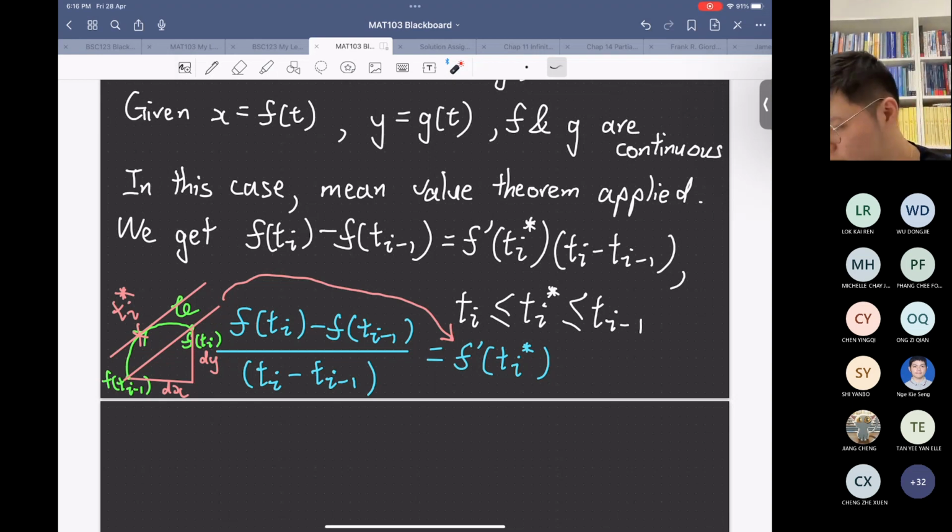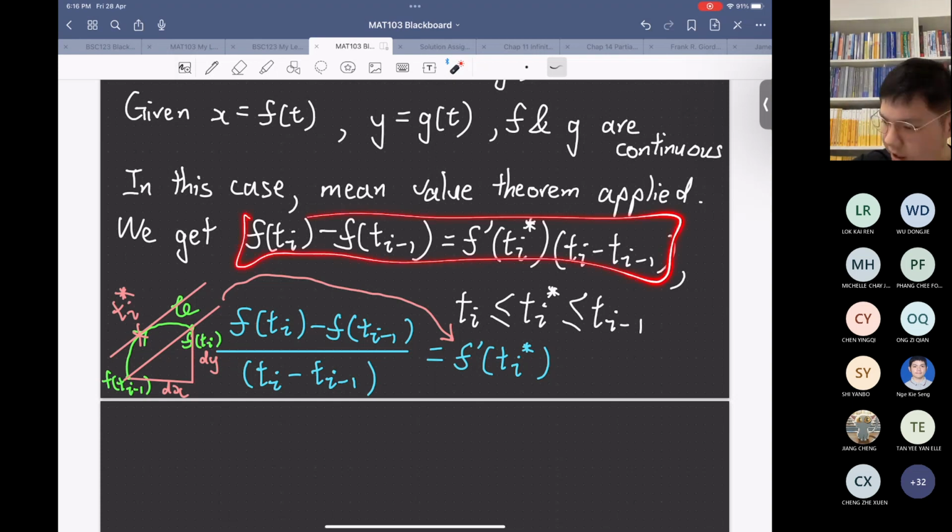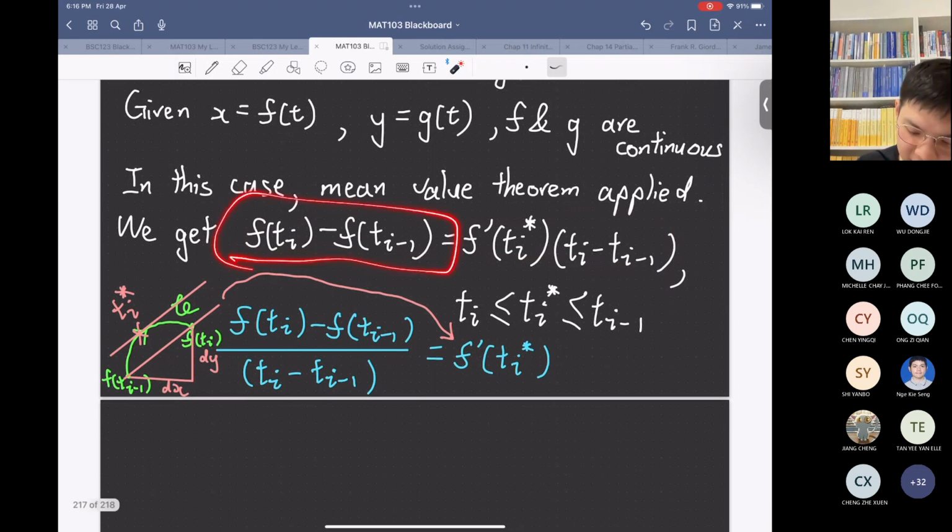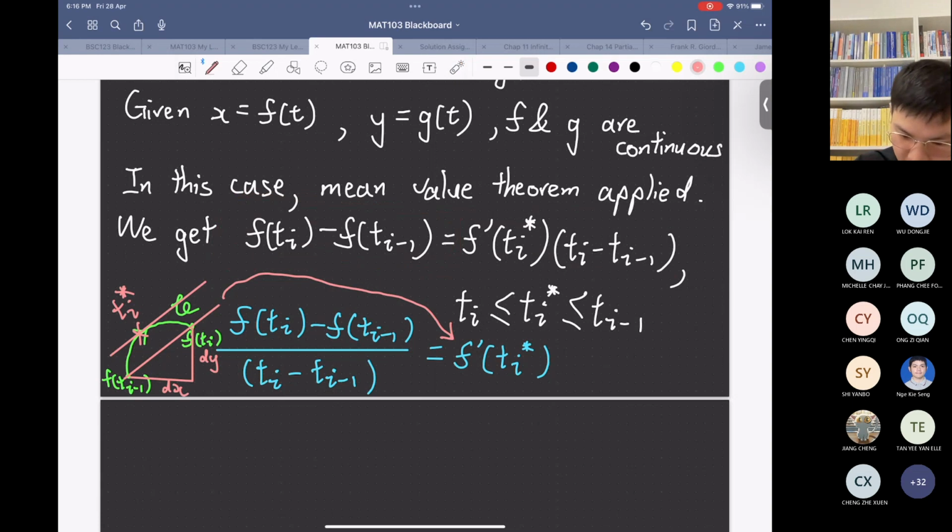Does it make sense? Any questions on the mean value theorem? Okay, good. So by this mean value theorem, what do we get? What is f(t) minus f(t minus 1)? This is our x.